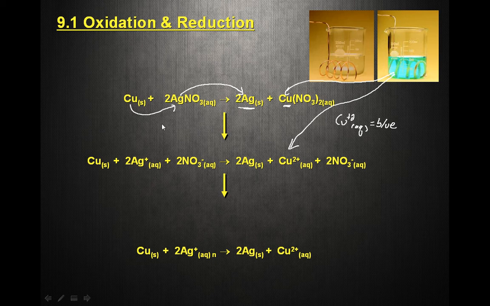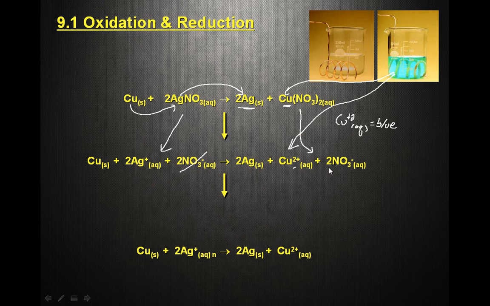So all I've done really is I've just split up all the AQs into their two parts. And there they are. So AgNO3 becomes Ag plus, and we've got two of them here because we've got a 2 there. So that's the balance. And then we've got all these ions here, but you'll notice you've got 2 NO3 on either side.